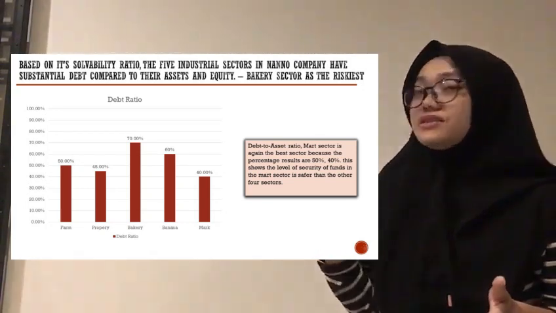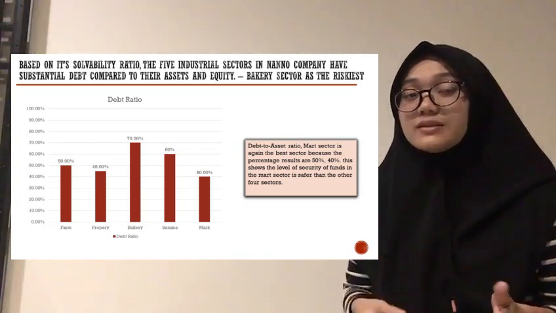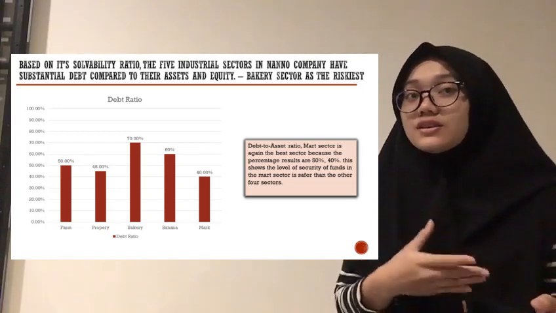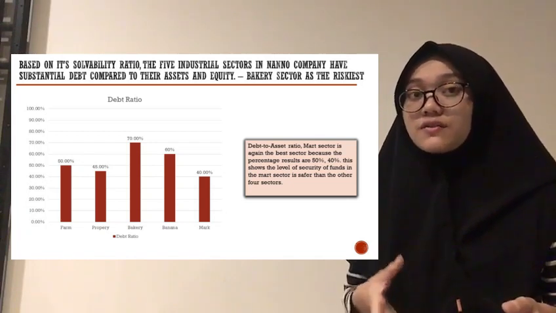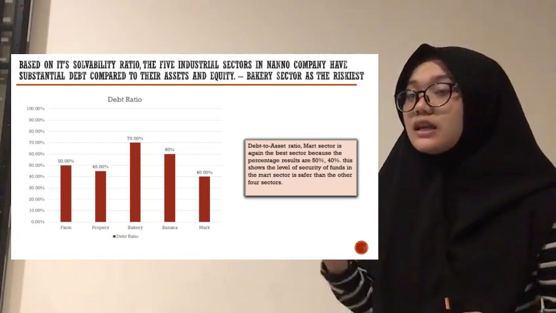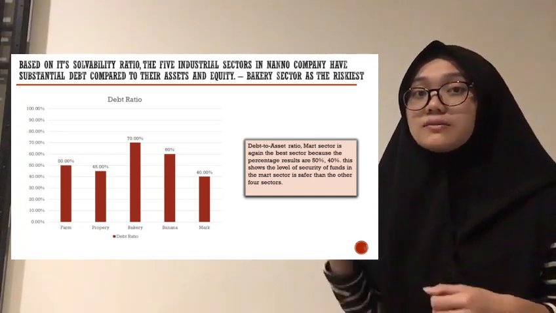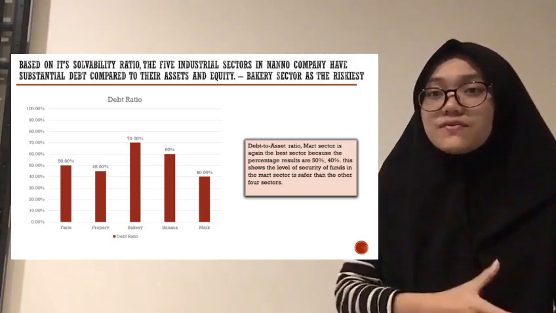And from this chart, we can see that the mart sector is again the best sector compared to the other four sectors because the percentage of the mart sector is below 50%, which is 40%, and it means that the security of funds in the mart sector is safer than the other four sectors.